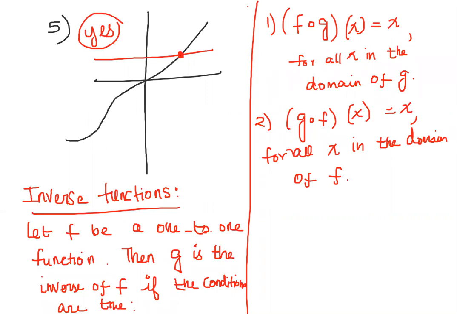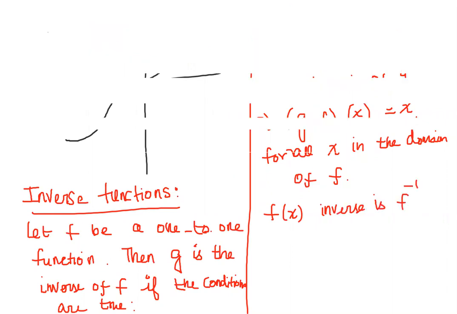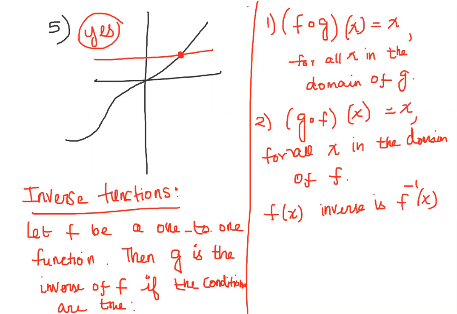So for function f of x, the inverse is given by the symbol f inverse of x. We read that as f inverse of x. Next, I'm going to show you examples of how to find the inverse of any function. First, we have to determine if the given two functions are inverses. So let's see.